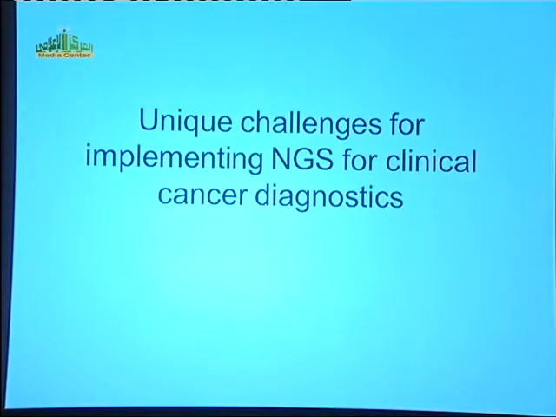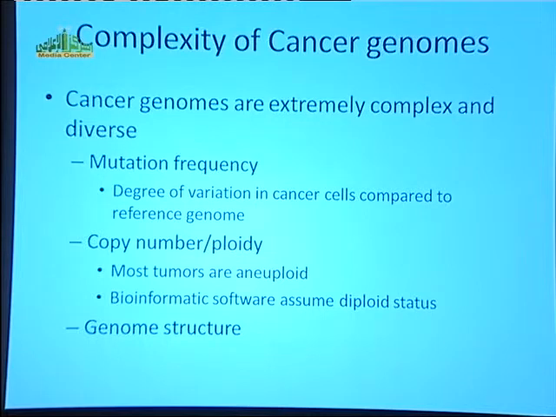However, next-generation sequencing also has many unique challenges in its implementation for cancer diagnostics. The first of which is the complexity of the cancer genome itself. Cancer genomes are extremely complex and diverse. There are multiple mutations that occur within the tumor. The degree of variation in cancer cells compared to a reference genome is enormous.